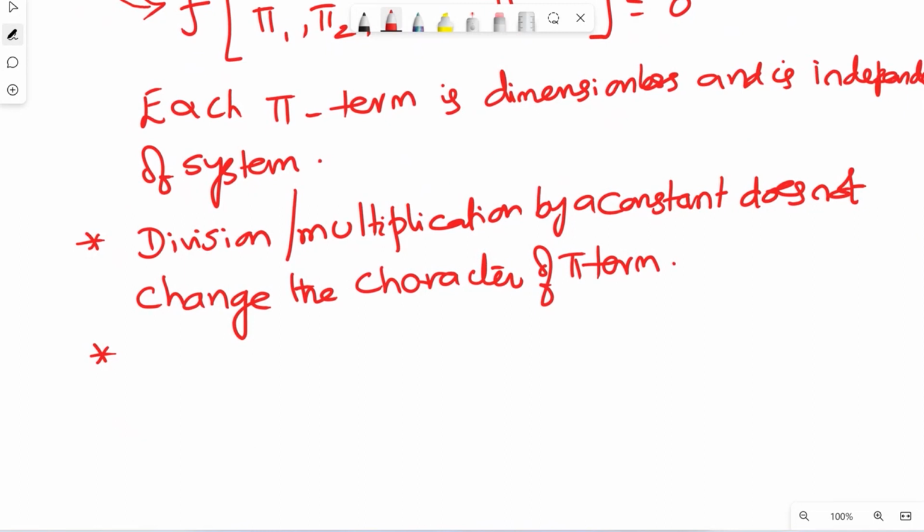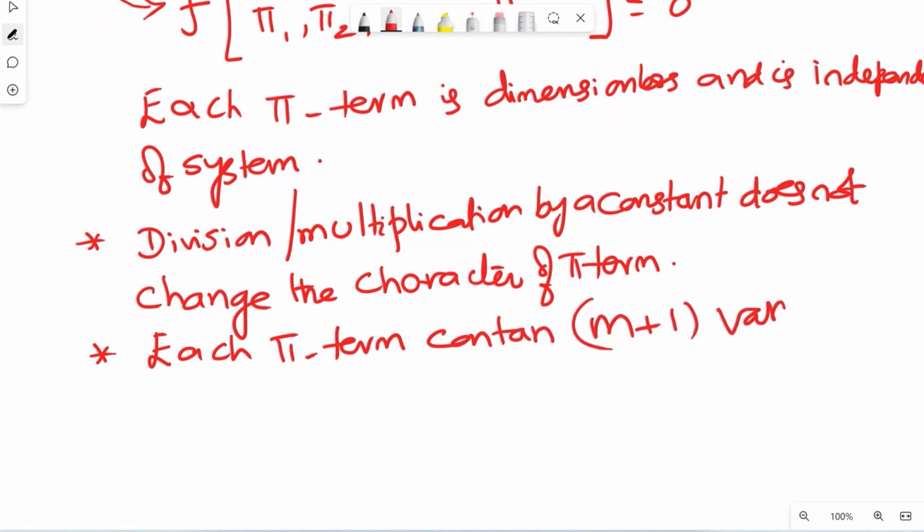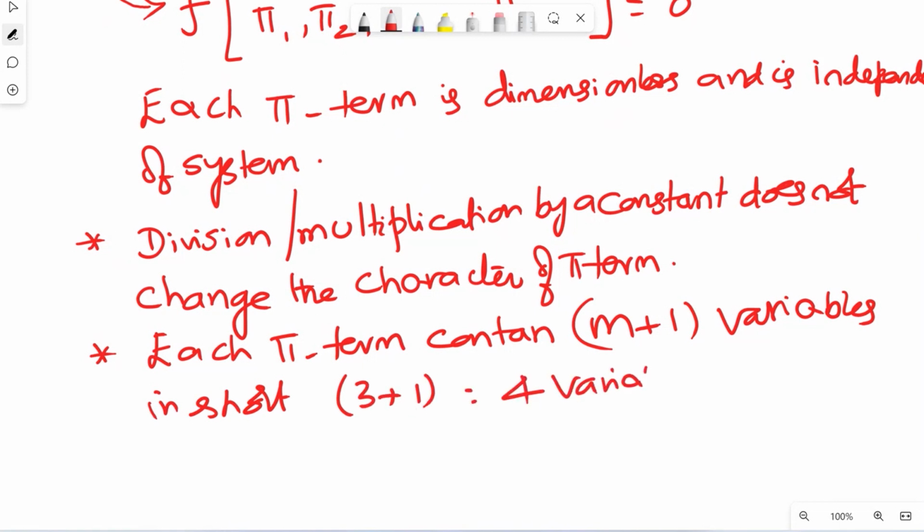Each pi term contains m plus 1 variables. In short, 3 plus 1, 4 variables.